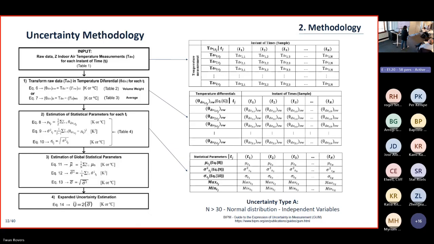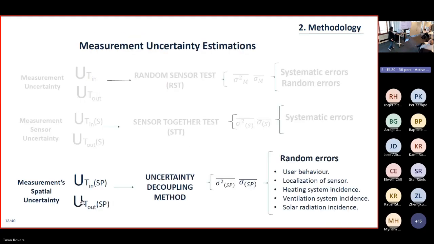The hypothesis for this real value is the average temperature that we have estimated with all the sensors installed randomly in the thermal zone. With this, we can guarantee this requirement for the uncertainty type A, and we estimate the statistical parameters to obtain the expanded uncertainty.